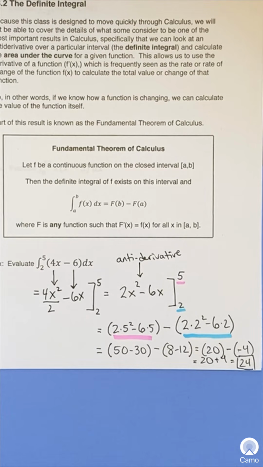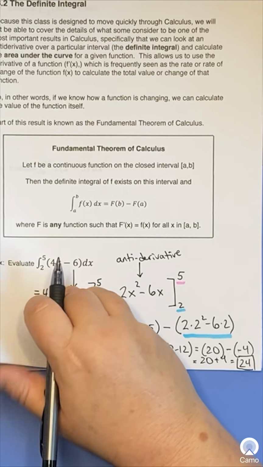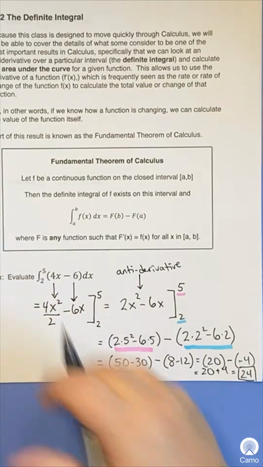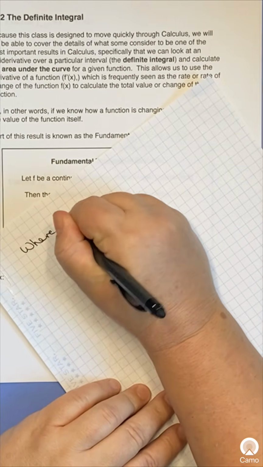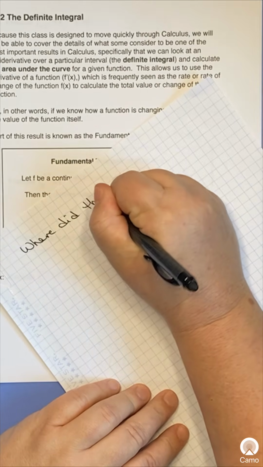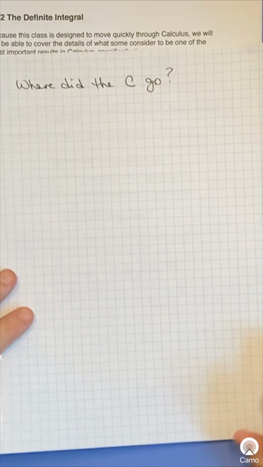Okay, so hopefully right now you're like, okay, this is weird. And hopefully you're also asking a question: where did the C go?